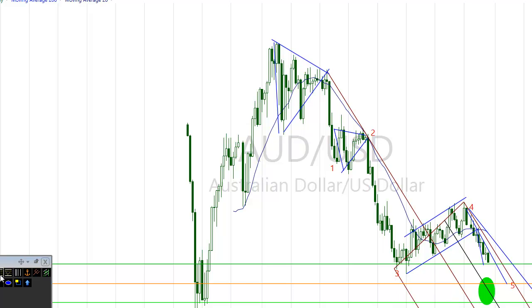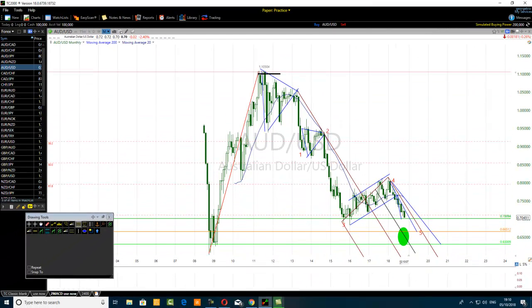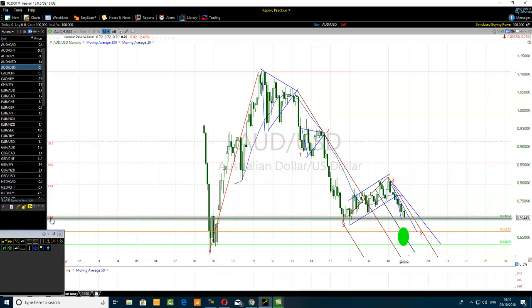If we apply Fibonacci retracement to this prior move up, you can see that the price is at the 78.6% Fibonacci retracement level of the move from here, 2009 to 2011. Is it going to form a double bottom here by finding the support?